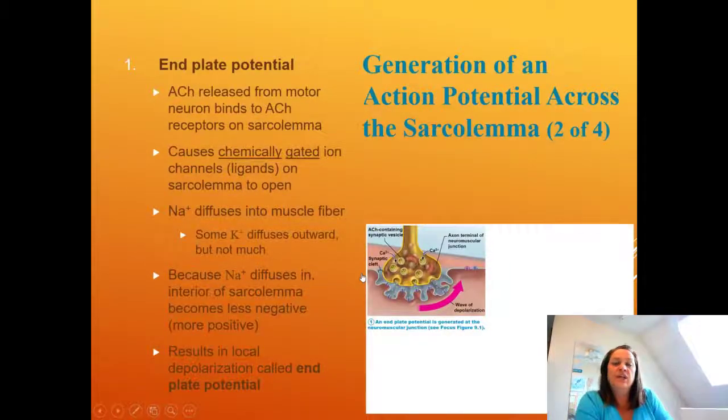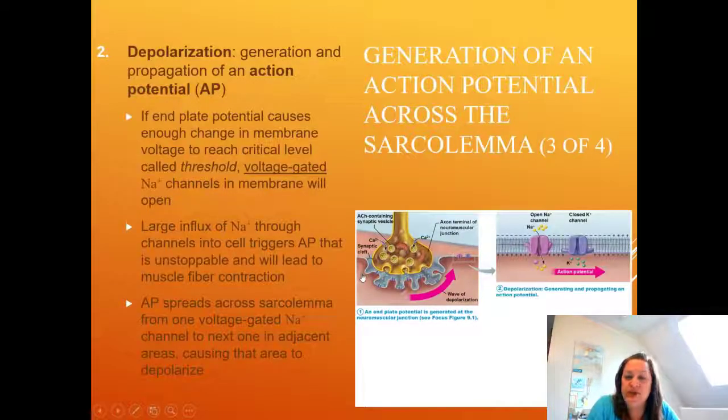How does that happen? When acetylcholine binds to the ACh receptors, sodium diffuses in, which makes the inside of the cell less negative, more positive. And that results in a depolarization event.